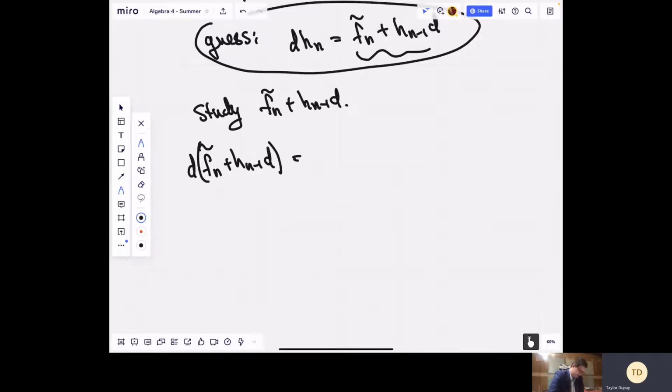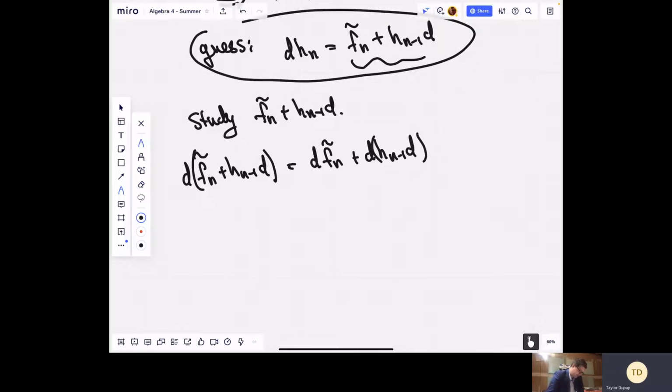Okay, so what is this? This is D of Fn tilde plus D of Hn minus 1D. Now we can use our previous expression here. Let's do this one here.